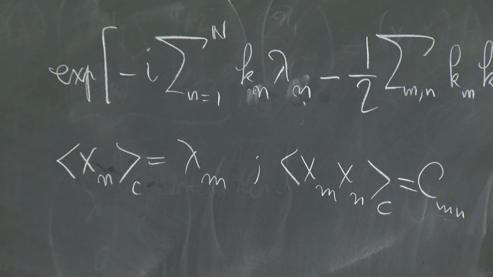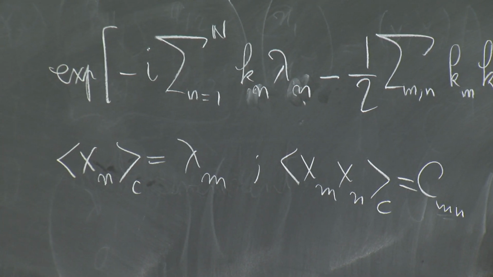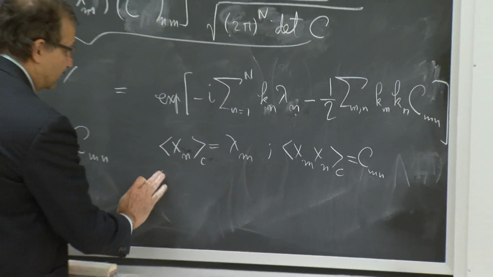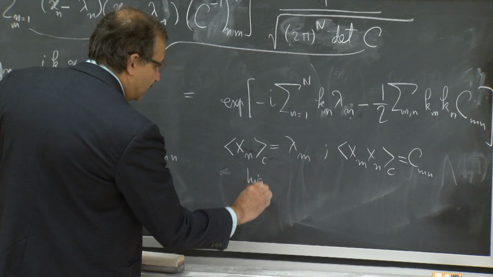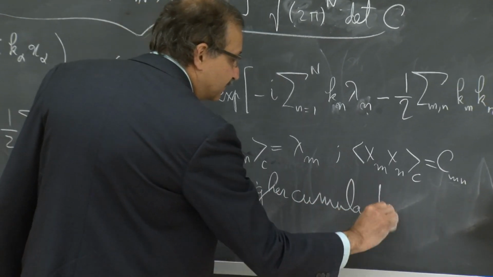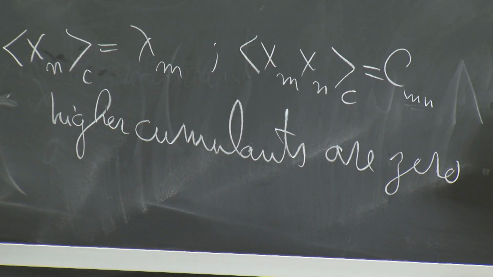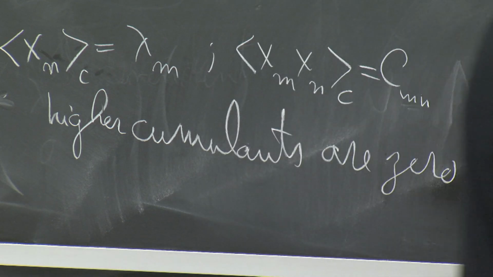And in particular, the diagonal elements would correspond to the variances. And all higher orders are 0, because there is no further term in the expansion. Okay?